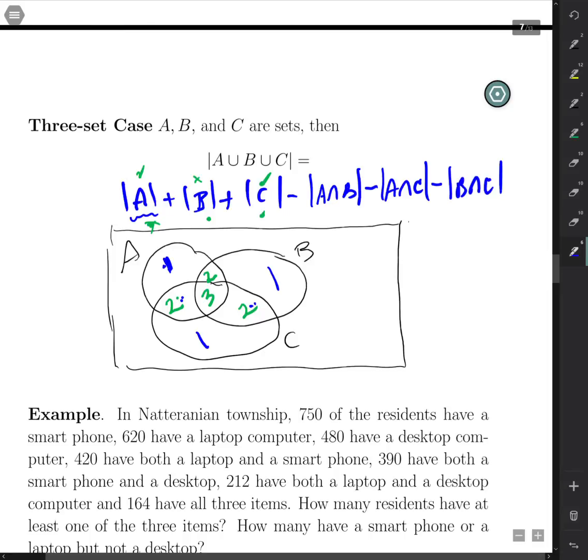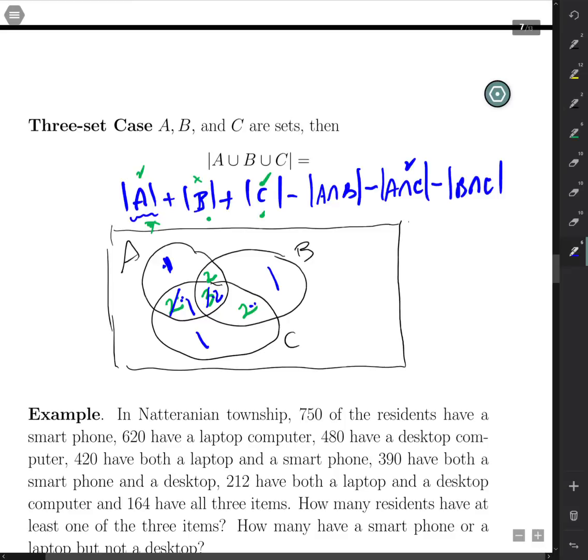Like so. So if I do that, I've subtracted once everything in both A and B. So that means these things are in both A and B, so that now is just counted once. These things are also in A and B, right? They're in the overlap of those 2 blobs, so this gets down to 2. Okay, now A and C, sorry, I just did that one. Let's do A and B now.